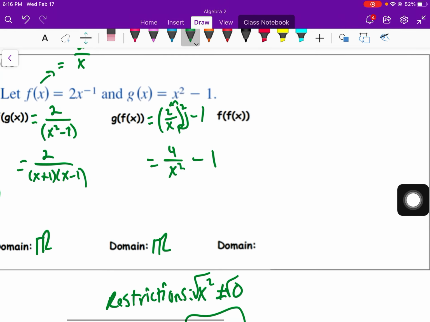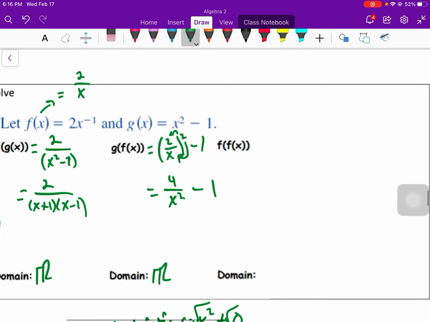And then we can compose f of x. So f of x is 2 over x. So then we must plug in 2 over x for x. Since we have a fraction in the fraction, we'll want to take the reciprocal.